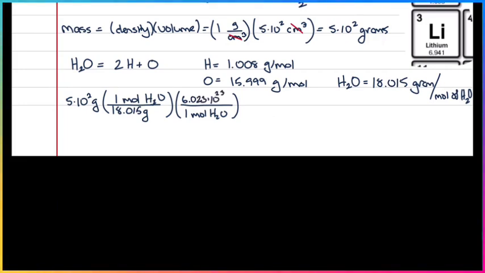Again, I'll be super explicit: H2O molecules. Then the grams cancel, the moles of H2O cancel, and I'm left with number of molecules at the end of the day, which when I plug everything in, I get 1.67 times 10 to the 25 H2O molecules.